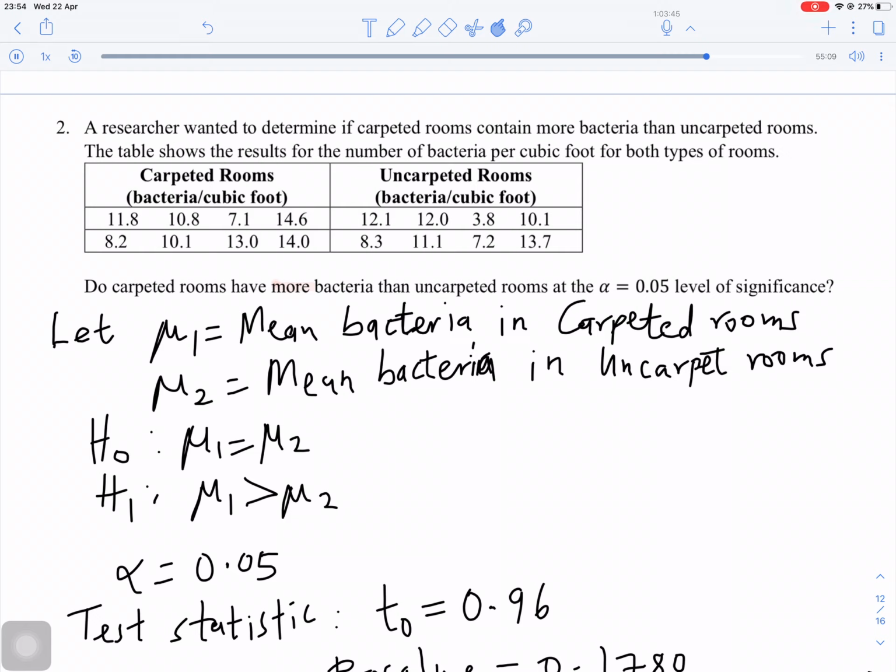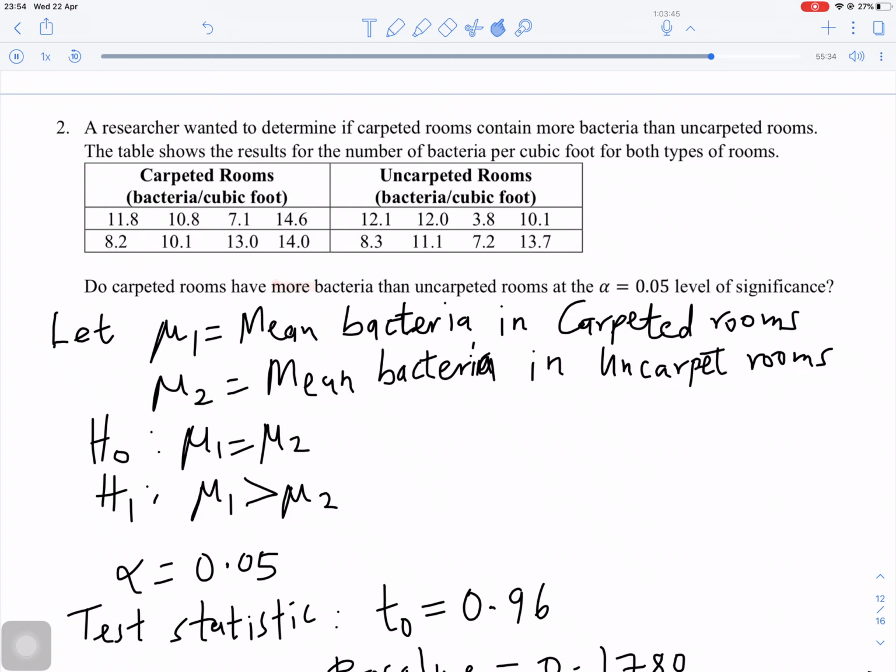So let mu1 be equal to the mean number of bacteria in carpeted rooms. And then let mu2 be the mean number of bacteria per cubic foot in uncarpeted rooms. So if I define it this way, then my null will always have the equality. So my null has mu1 equals mu2.